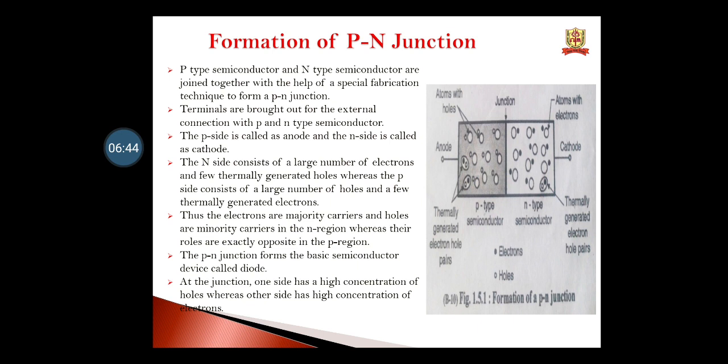The P type semiconductor has a large number of holes and very few electrons, and the N type semiconductor has a large number of electrons and very few holes. When P type and N type are connected together with a special technique, what happens is, on the P side you can see there are a large number of holes.